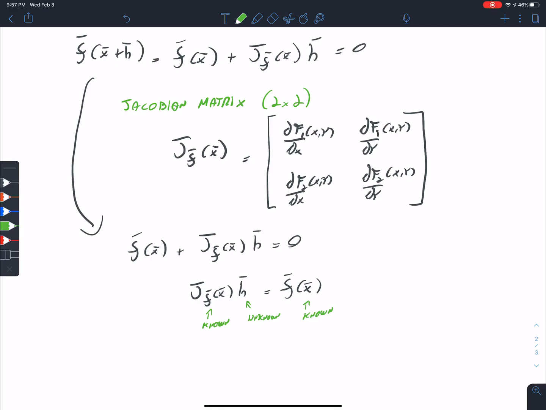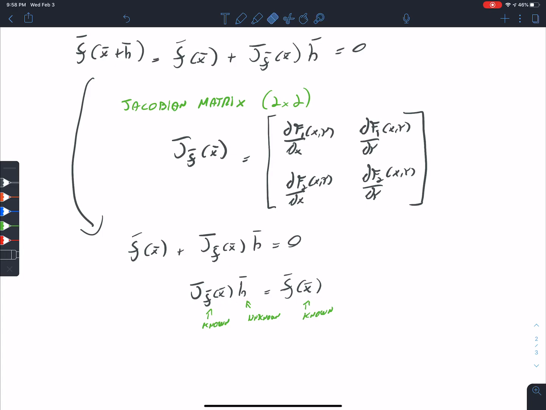How do we solve this? Well, now we have a linear system of equations. This is a linear system because these guys are known. This matrix will be given to you. This vector is also known, given by the function evaluated at the initial guess and the derivatives of the function evaluated at the initial guess. This is unknown.